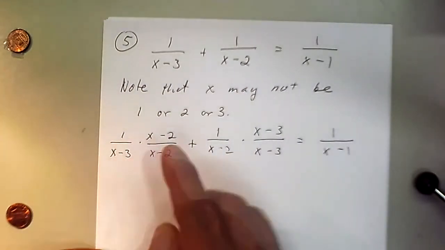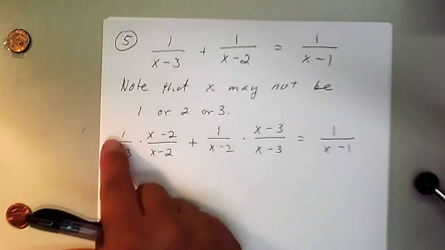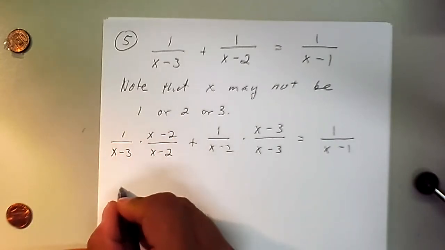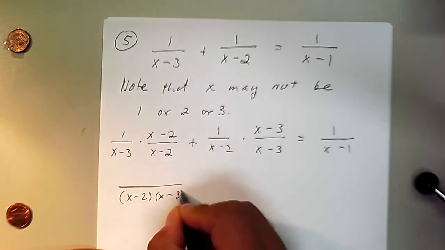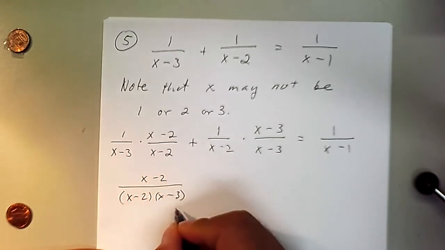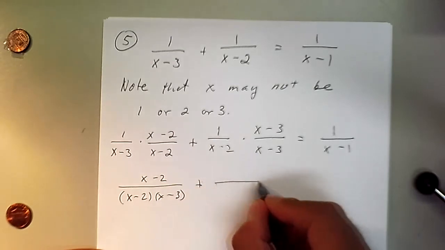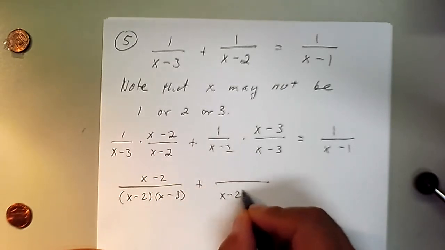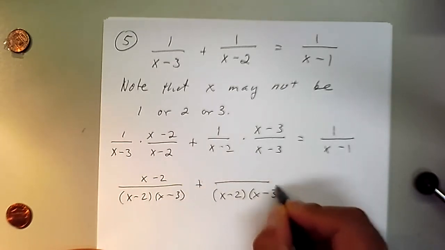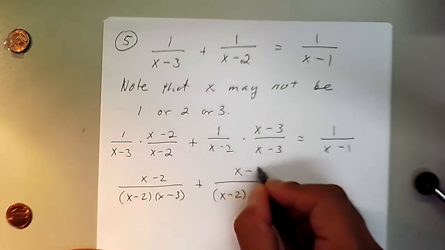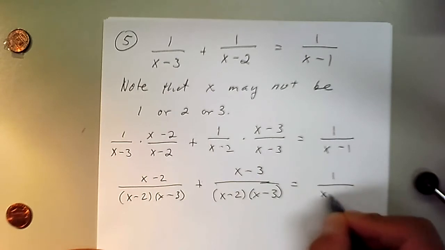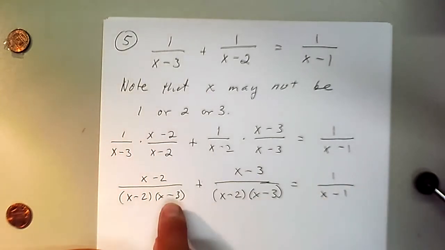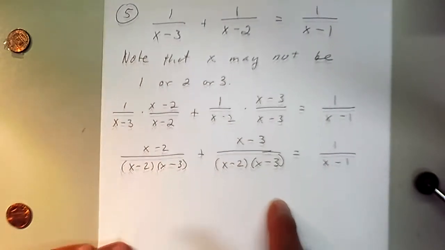Okay, so this multiplication of fractions will give us x minus 2 times x minus 3 and x minus 2 in the numerator. Then, likewise here, we're going to have x minus 2, x minus 3, and x minus 3 in the numerator. We're going to combine those two now that we have the same denominator.